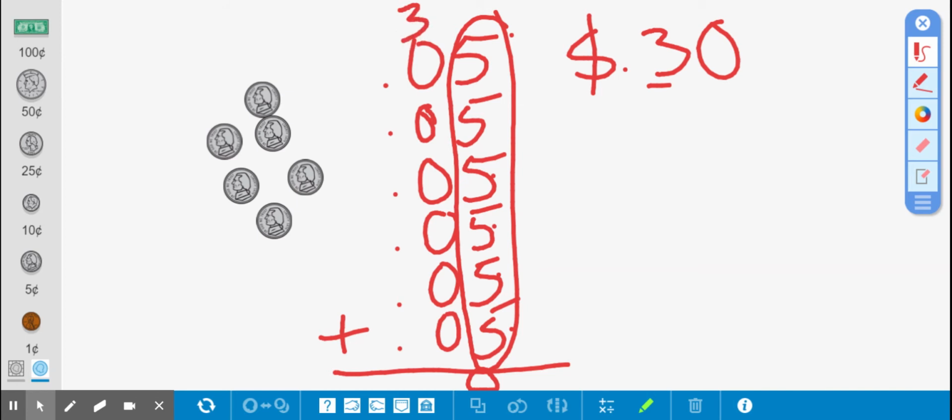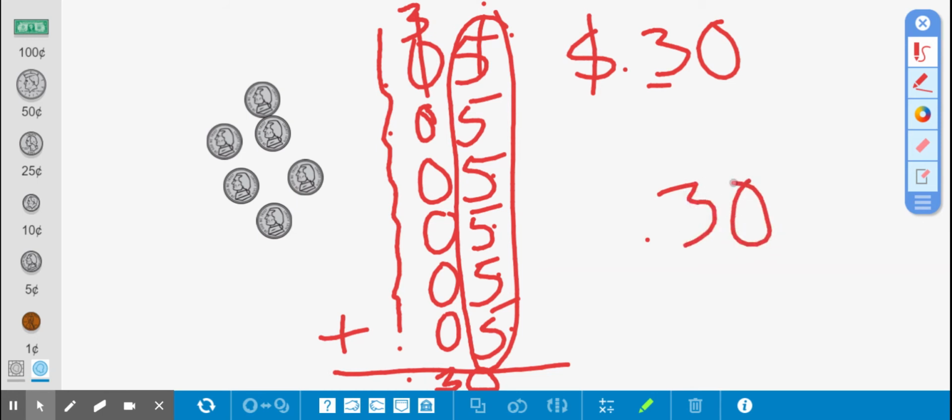So now I go 3 plus 0 plus 0 plus 0 plus 0 plus 0 plus 0 is 3. And the trick with decimals is that you always keep your place values lined up. Your hundredths are in line, your tenths are in line, and always, always, always your decimals are in a line, and you always bring it straight down, which gives you the same answer of 0.30 or 30 cents.